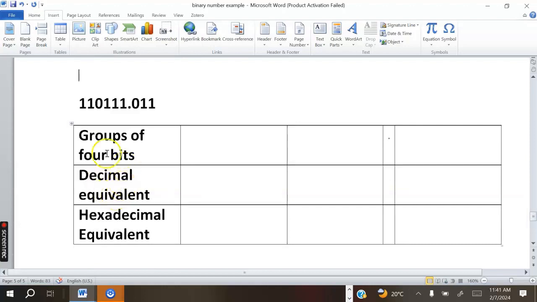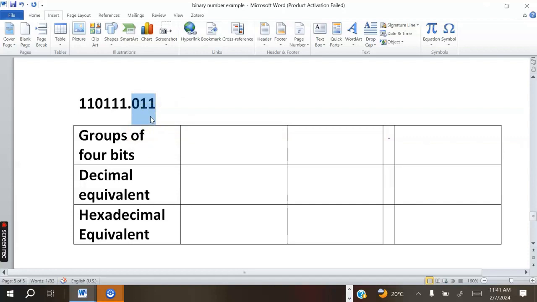Our next number, we have 110111. This is the integral part, while the fractional part we have 011. So step number 1, you need to remember the rules. As you can see, the fractional digits are not enough to make 4.